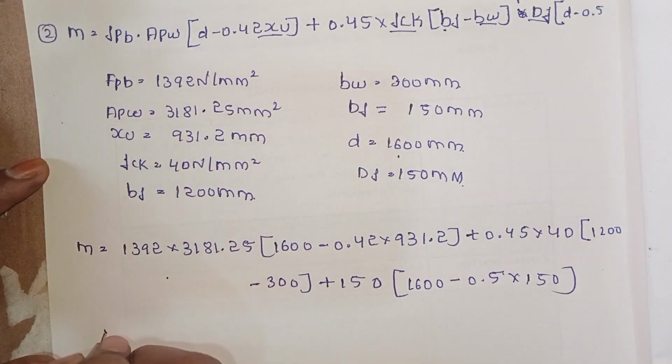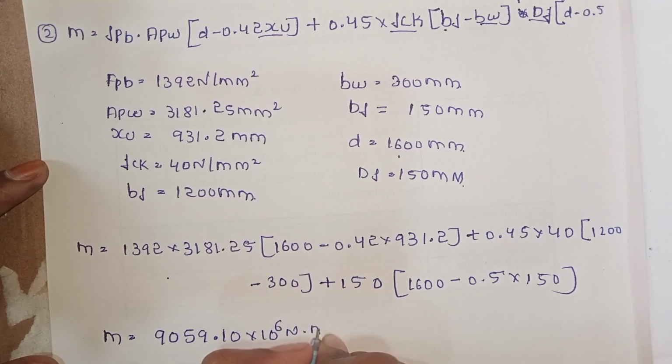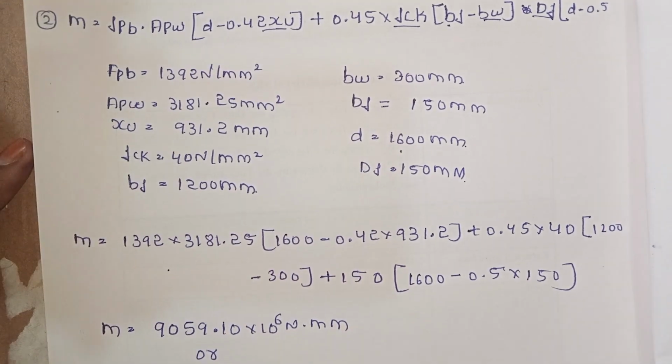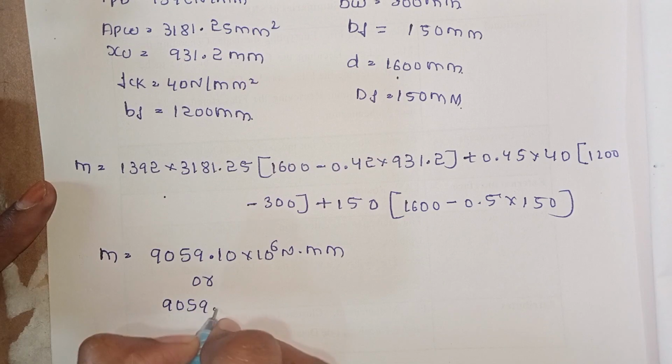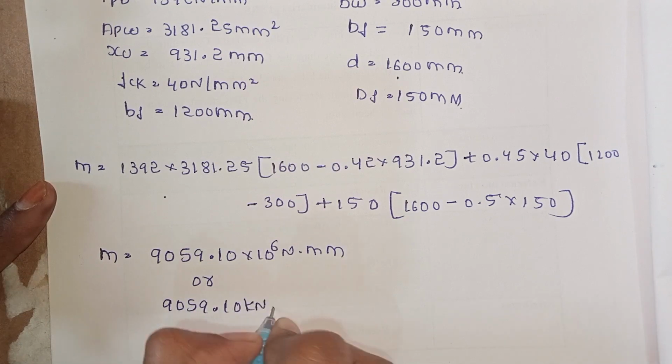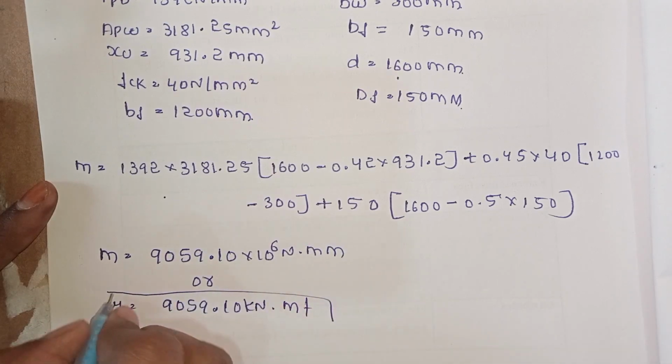So now we got the final value as 9059.10 into 10 raised to 6 Newton mm, or 9059.10 kilonewton meter. This is the final answer.